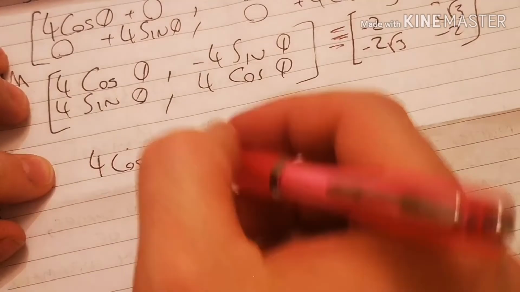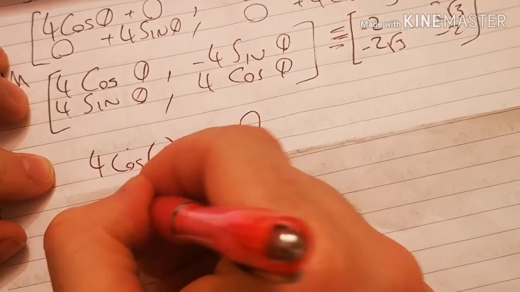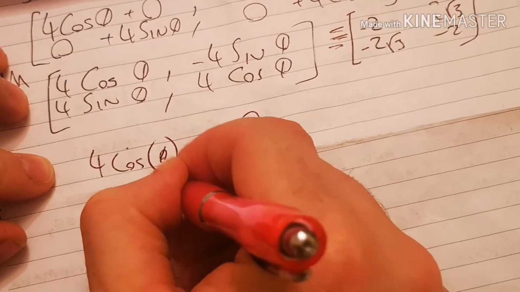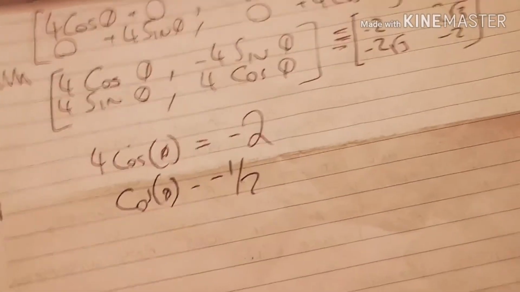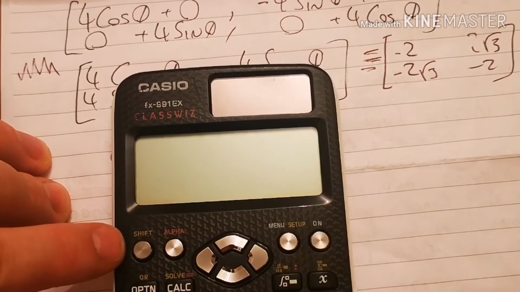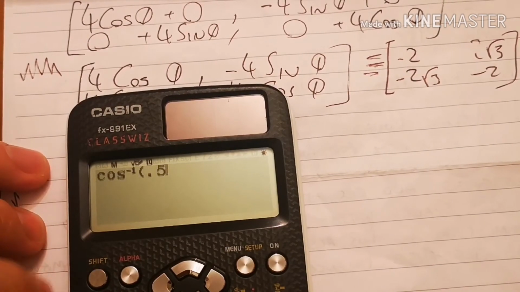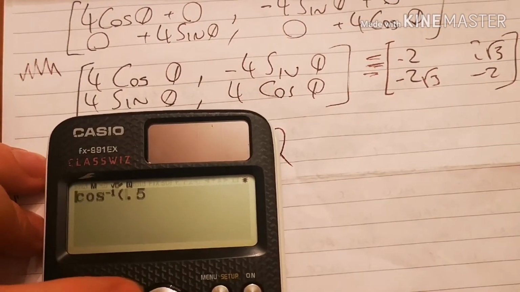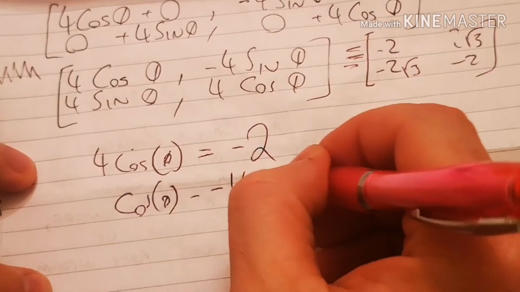I can easily solve that. I have to divide both sides by 4, so cos theta equals minus a half. And we'll use my calculator to get what the angle is. It's inverse cos of minus a half, which equals 120.